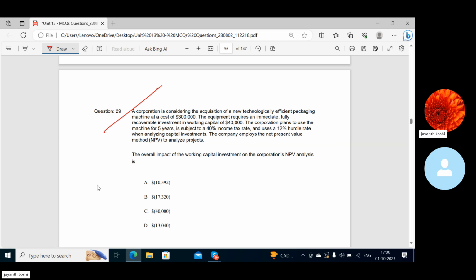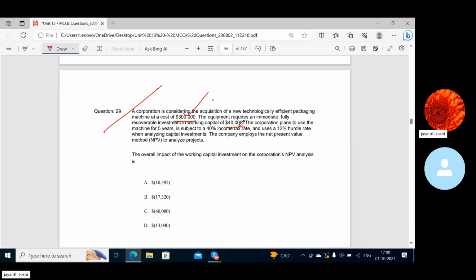So a corporation is considering the acquisition of a new technologically efficient packaging machine at a cost of this much. So they want to buy a machine. The equipment requires an immediate fully recoverable investment in working capital of 40,000.